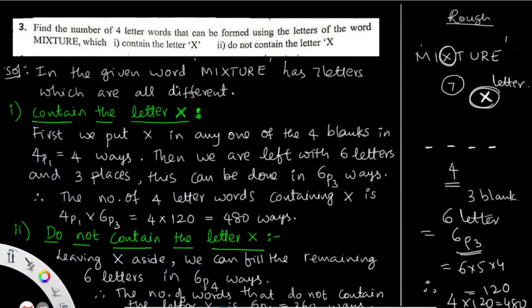Why? Because to get a 4-letter word, as the question is given. So keep only X aside and form a 4-letter word. So 6 letters with 4 places. That is to get a 4-letter word, meaning 6P4 ways. Therefore, the number of words that do not contain the letter X is 6P4, which is 360 ways. This is question number 3.